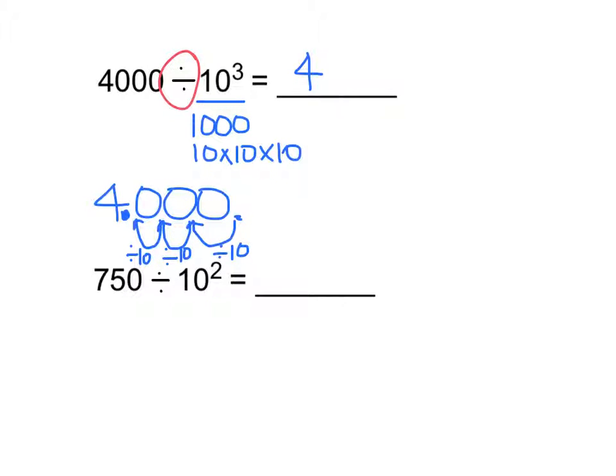Okay, let's take a look at the second problem on the page. 750 divided by 10 to the second. Once again, 10 to the second is the same thing as 100, otherwise known as 10 times 10. So what we're really saying is, what is 750 divided by 100? Well, let's take a look.